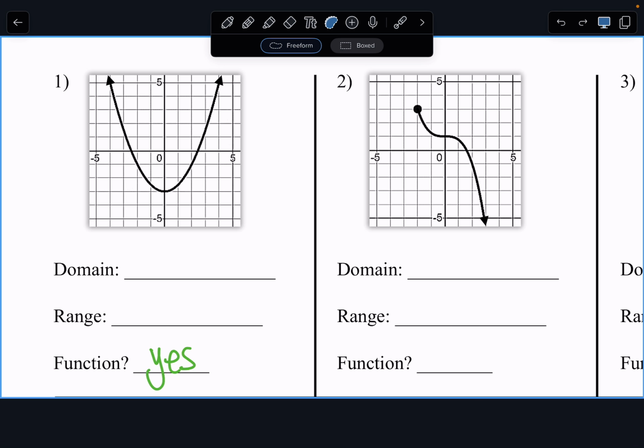Do you see with our range, do we have anything down here? Remember, range is our y values. Range is up and down. So I have y's at -3, and so we're going to say y is greater than or equal to -3.